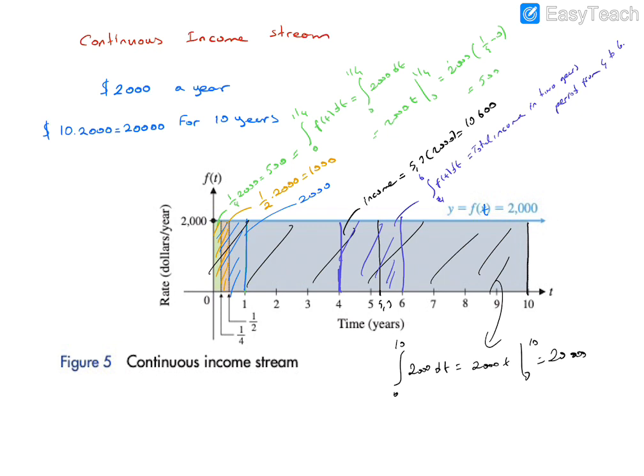So in such situations, we assume that income is received in a continuous stream. That is, we assume that the rate at which income is received is a continuous function of time. The rate of change is called the rate of flow of the continuous income stream.